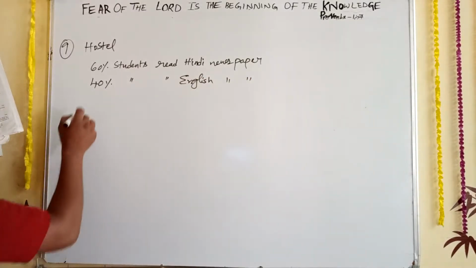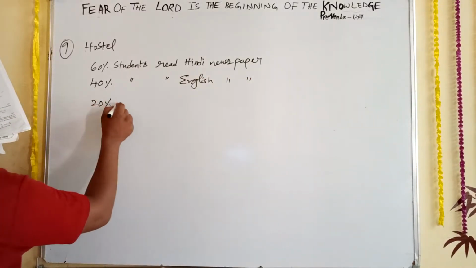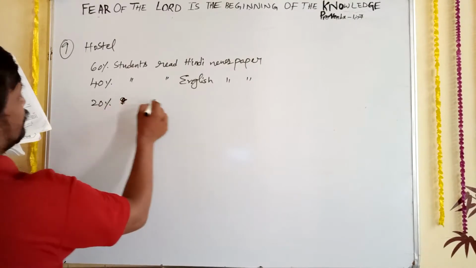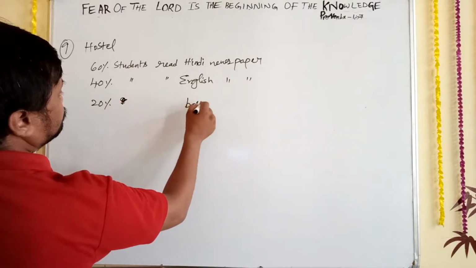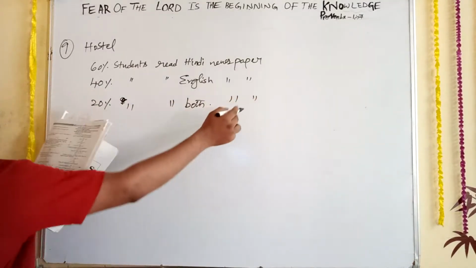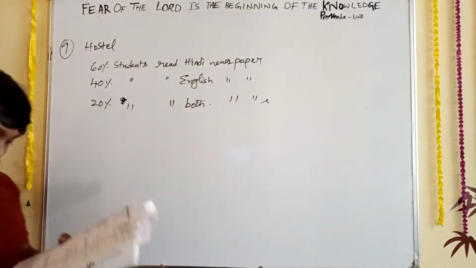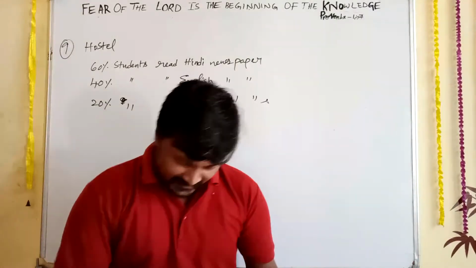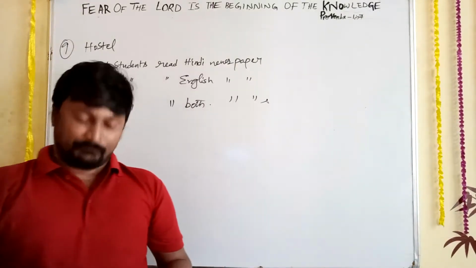Next, 20% students read both newspapers. Okay? Then a student is selected at random.